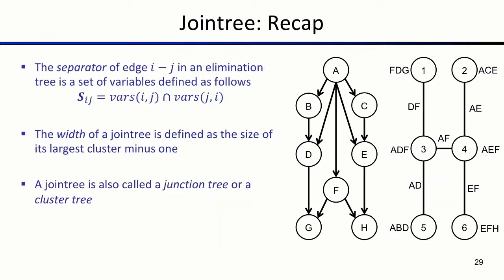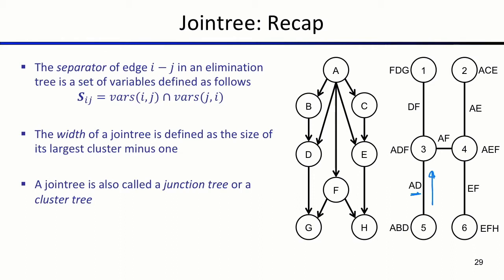Okay, we also have the concept of separator that basically tells us what are the variables that you need to keep. So we cannot eliminate them when we send a message from one node to the other. We need to have those variables in the message. So the variables that appear in the separator must be in the message.